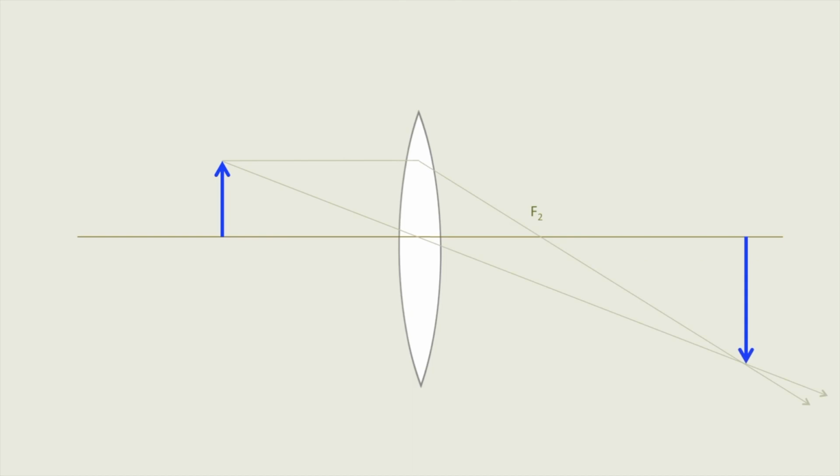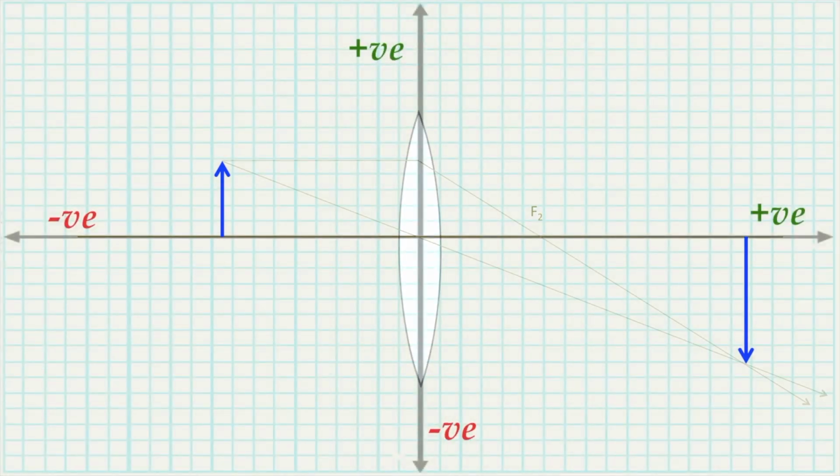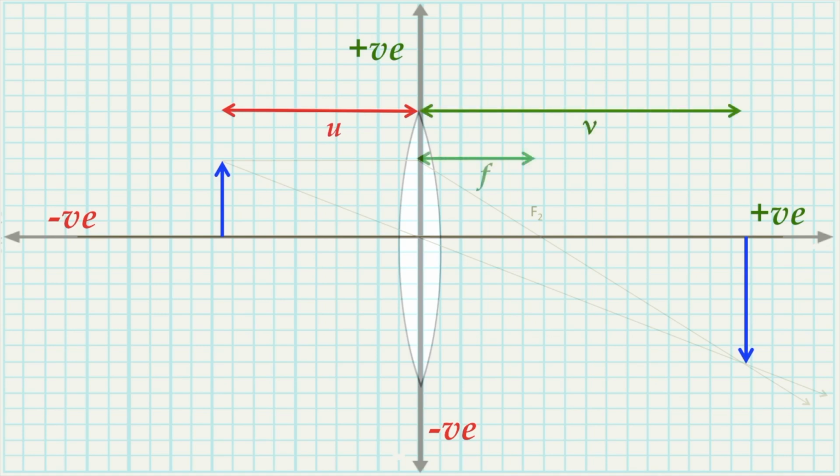So if we place a Cartesian grid on top of this lens, up is positive, down is negative, right is positive and left is negative, we would discover that the object distance is always negative, whereas the focal length and the image distance are always positive for a convex lens.